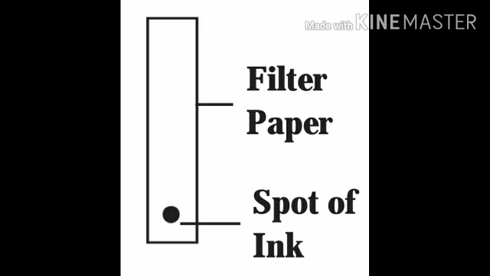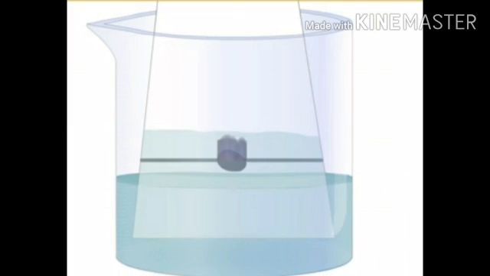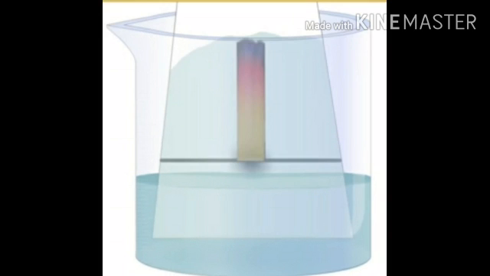Take a rectangular piece of filter paper. Put one spot of blue ink on it about 2 cm above one edge. Keep this paper upright in the water in the beaker. Place a lid on the beaker. After some time, the spot of the ink is seen to have risen and collected at a particular height on the filter paper.